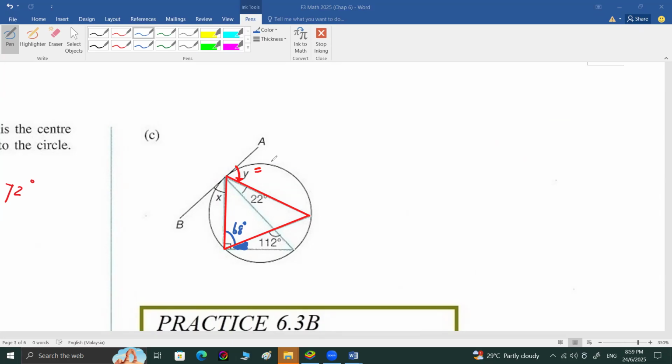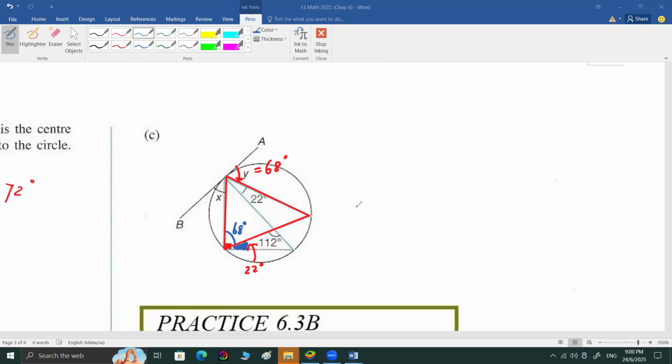Okay, so the answer for Y is 68. Got it, class? First of all, this 22 helps me to get 22 here. Once I get 22 and the question gives this one as 90, 90 minus 22, I got 68. Then after that, I can see the relation of the tangent with the triangle. Next time, in these questions, when you see any tangent here, you take note of the triangle there.